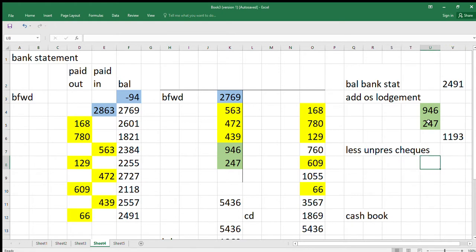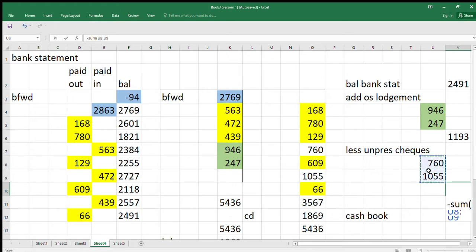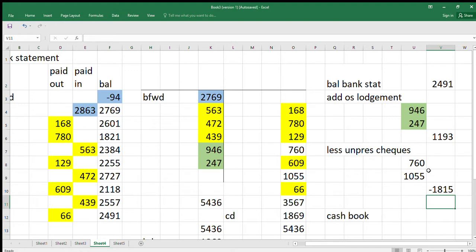And unpresented checks, which we're going to minus off. It's going to be that there, so minus some of those. Okay, and our cash book should be that plus that.